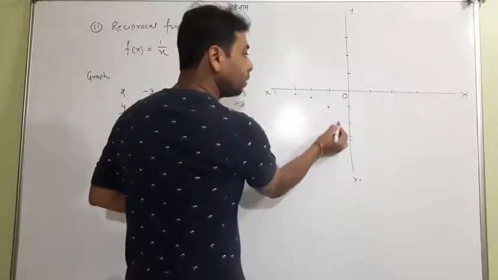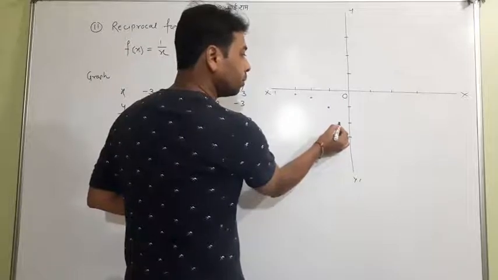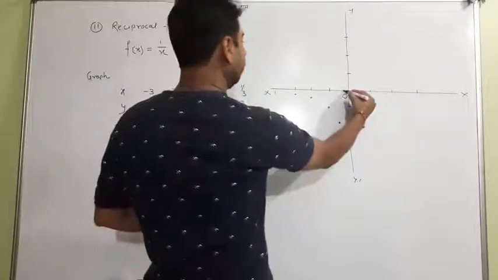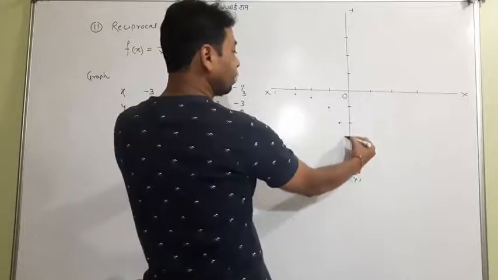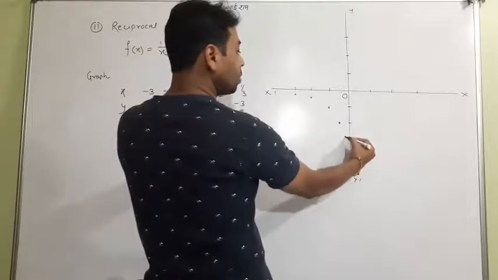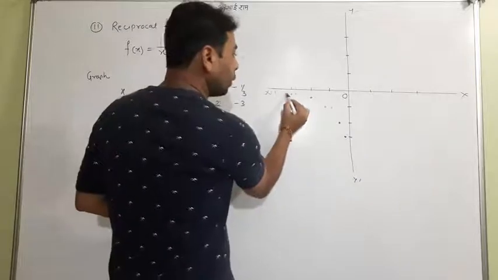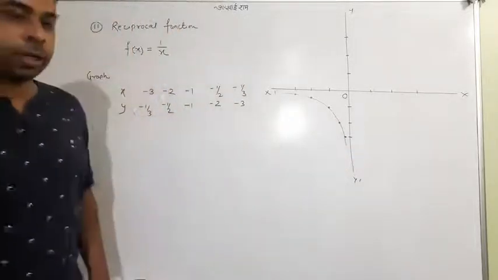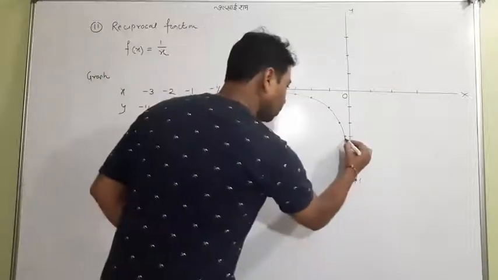So the y value is minus 2 here. And minus 1 upon 3 is here, and minus 3 is here. So we got the values very systematically. When you join them, students, you will get this kind of function. It's a very interesting graph.